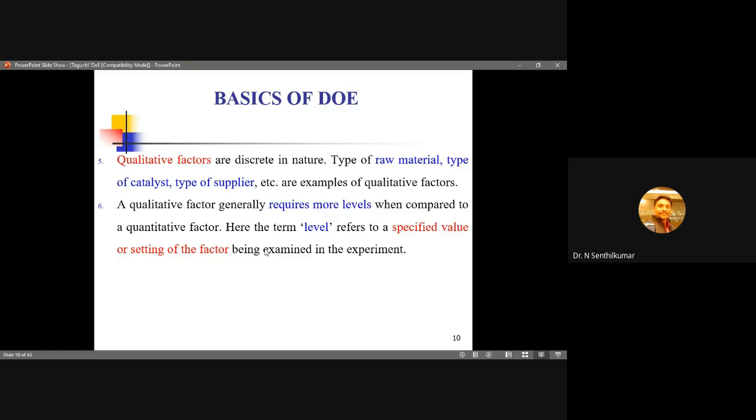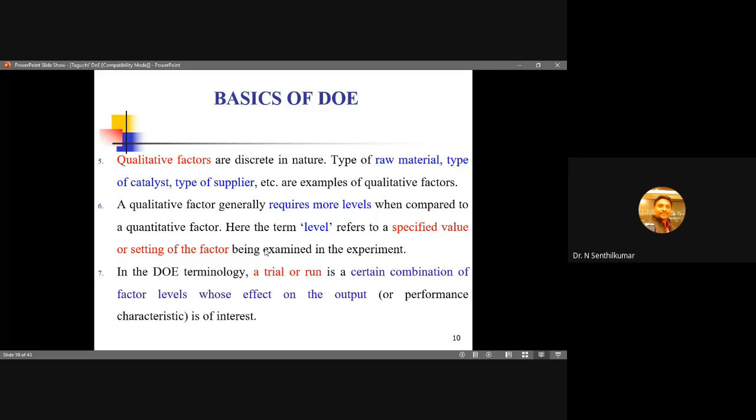So 3 levels. If I am going with 100 to 1000, the range is higher, so I have to make it higher in these cases. 100, 300, 500, 700, 900. So I can consider 5 levels in these cases. So this is how we are going to select the level values also, right?